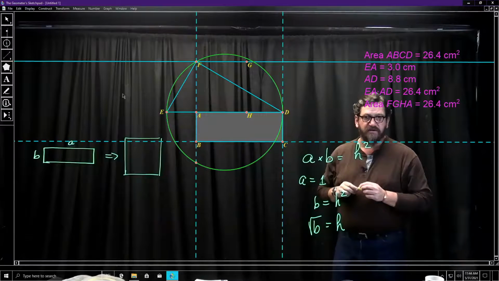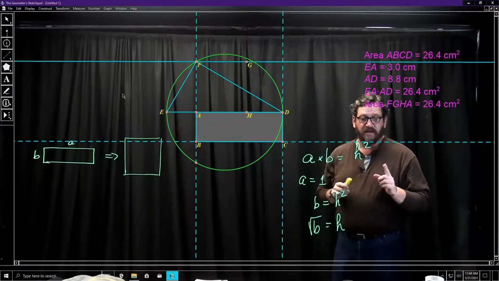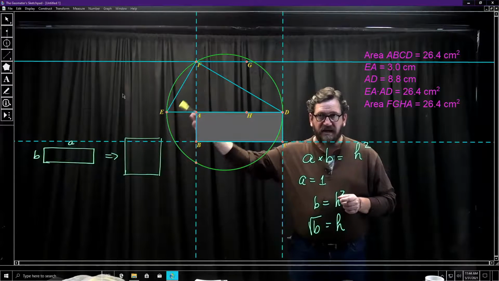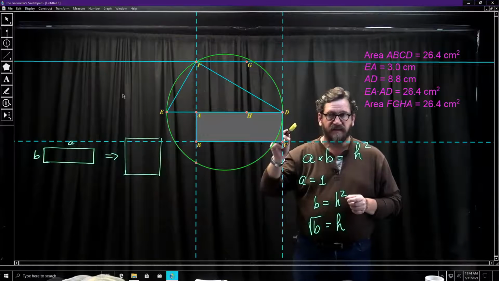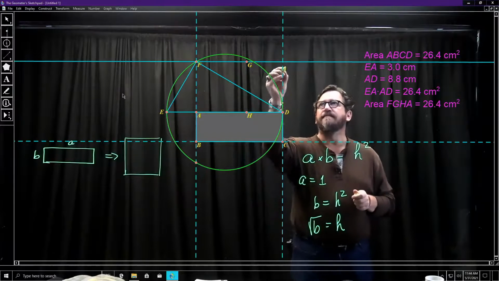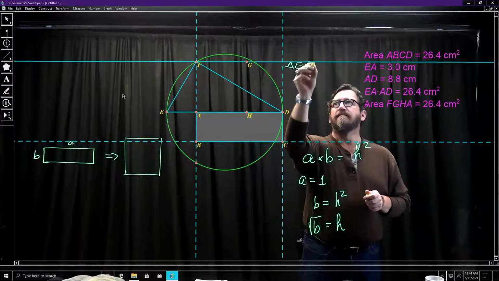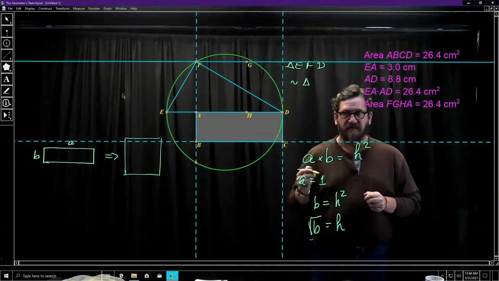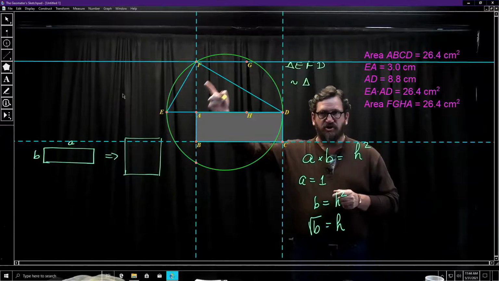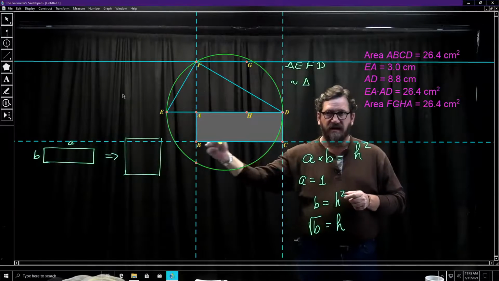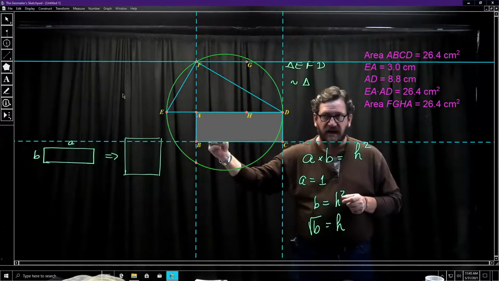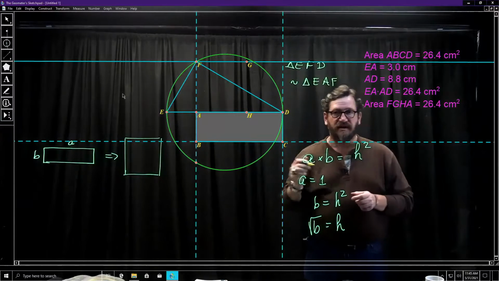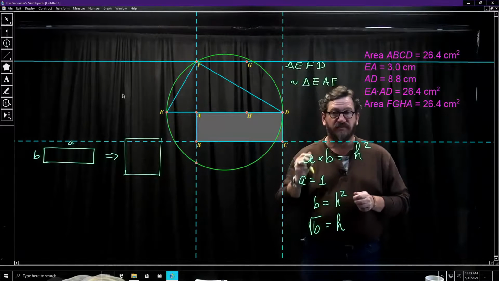Now, those two right triangles are similar. And the reason is, look at the big triangle, E, F to D. Well, EFD is similar to triangle, and let's see, we went up a short side and a long side, E, A, F. And the reason is two angles in these two triangles are the same.